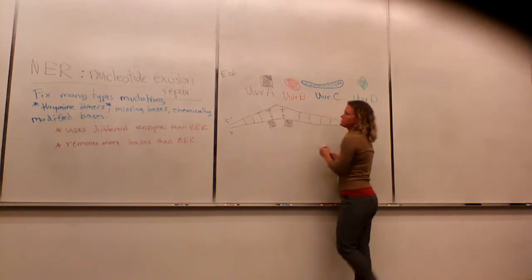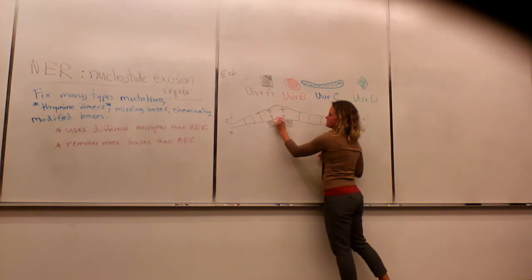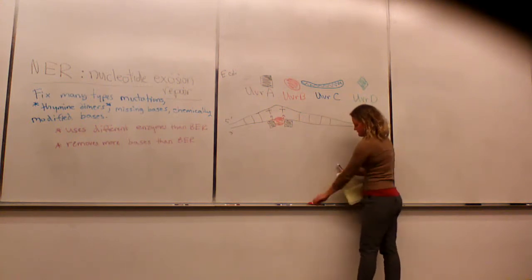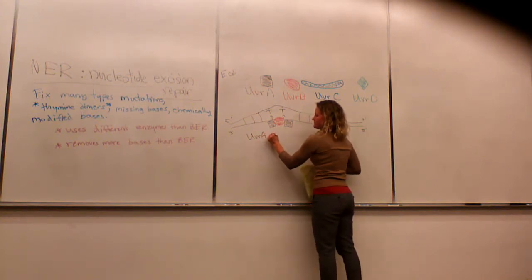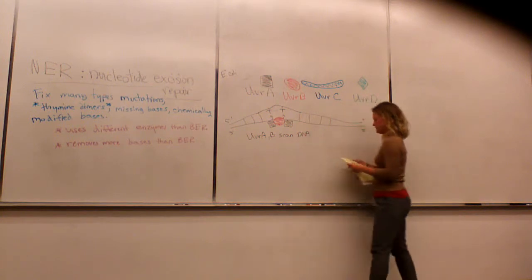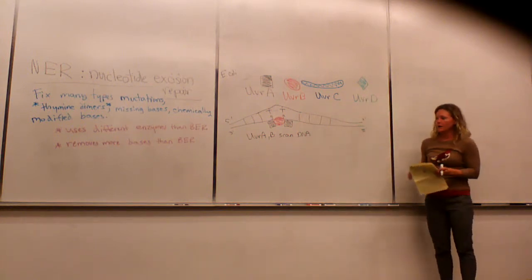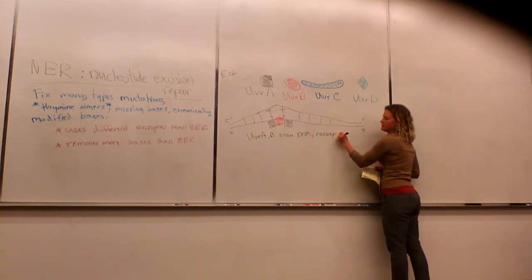So you have two UVRAs and a UVRB. And they recognize those bulky mutations like that.